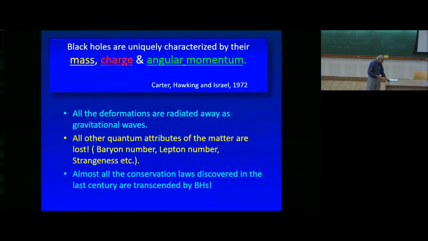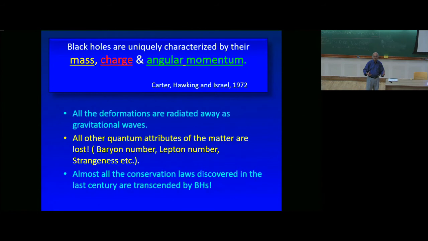Because please remember, the whole of the 20th century was about finding new conservation laws and particles associated with breaking symmetries. Okay? We had isotopic spin, we had lepton number, baryon number, strangeness.